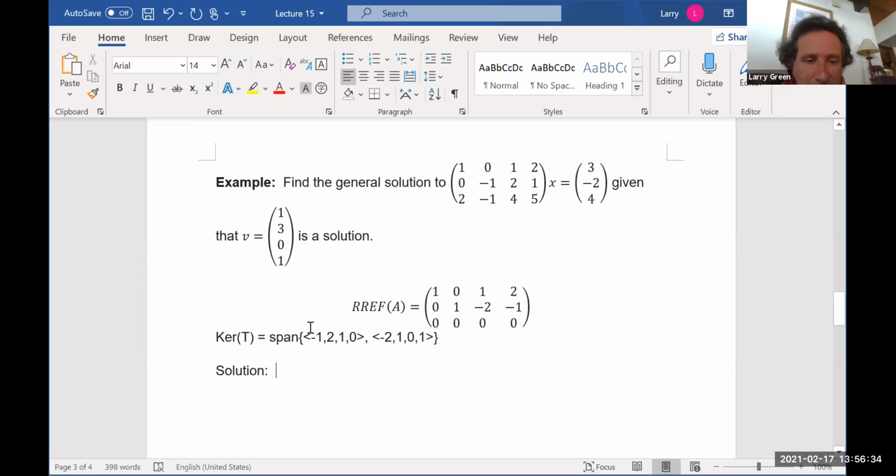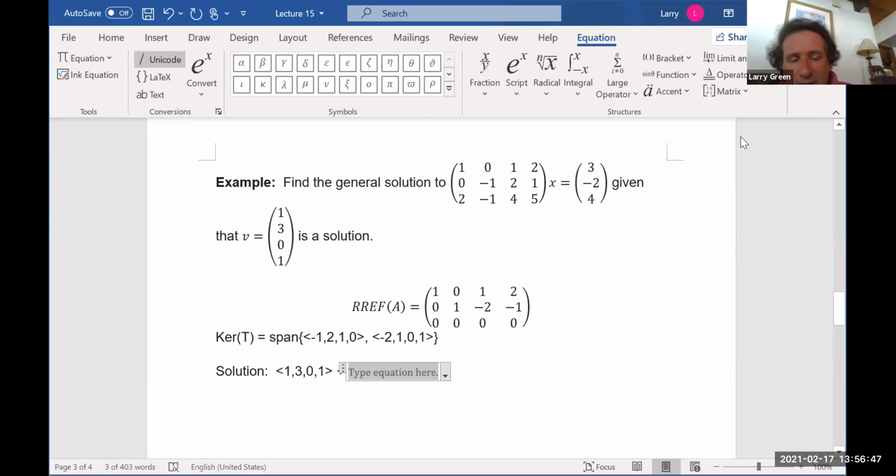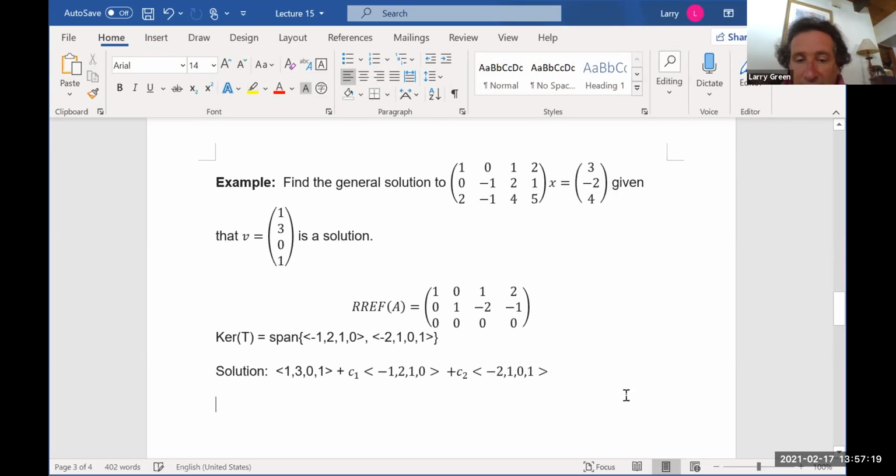Well, we just take our vector v, which is 1, 3, 0, 1, plus, I guess I need to make it an equation, C1 times -1, 2, 1, 0, and then plus C2 times -2, 1, 0, 1. And there's our solution.